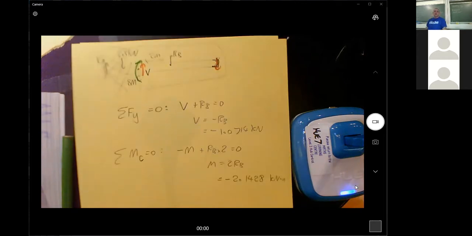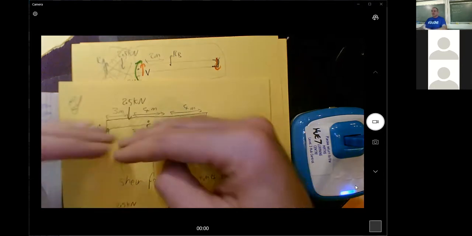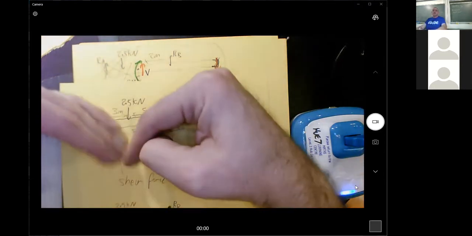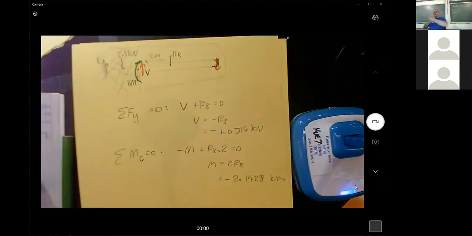So that's going the other way as well. But that makes sense too, because this piece of the beam should be bending down. Oh, crap. I always do this wrong. Oh, no, that makes sense.